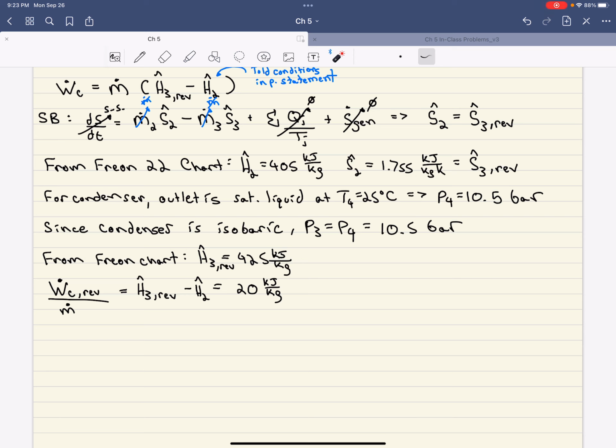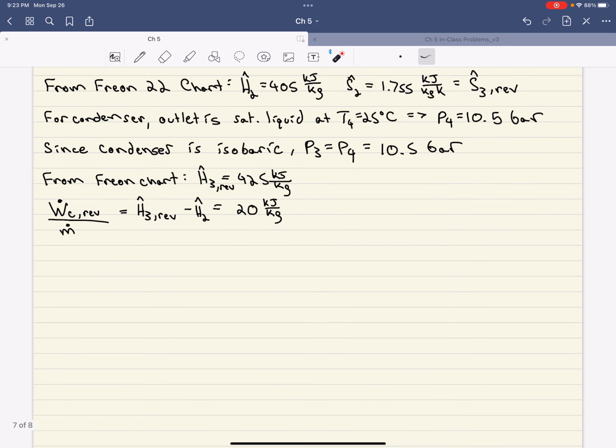All right, so we don't have the work or the mass flow rate yet. But nevertheless, we could still use the efficiency we were given earlier to tell us what this work over mass flow rate would be for the irreversible case. Okay? And that's because the efficiency for a compressor is this.